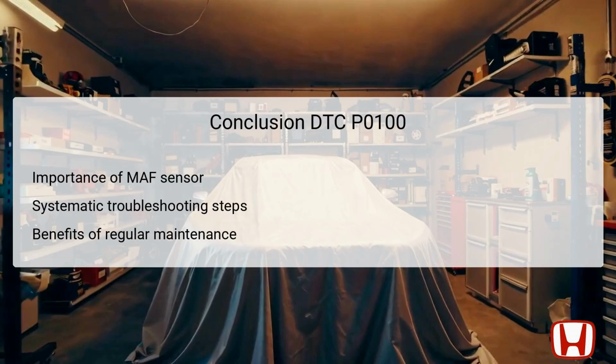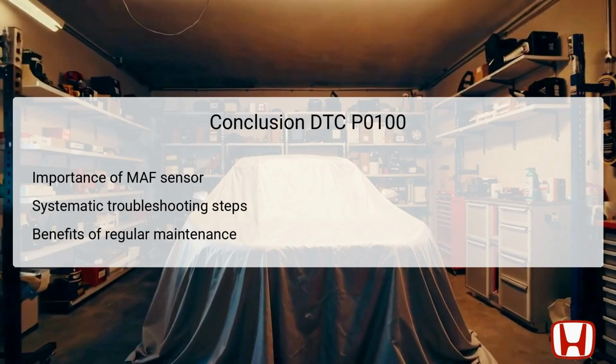In conclusion, DTC P0100, which indicates a mass airflow sensor circuit malfunction, underscores the critical importance of both the MAF sensor and the PCM in vehicle performance. Through systematic troubleshooting steps, ranging from initial inspections to final verification, you can effectively diagnose and resolve this issue.